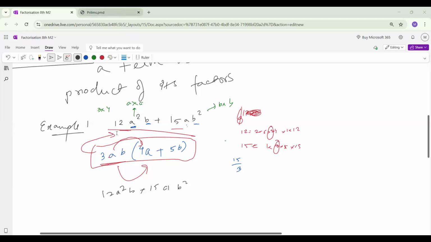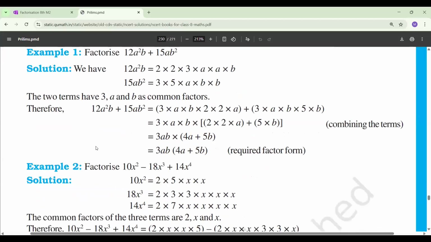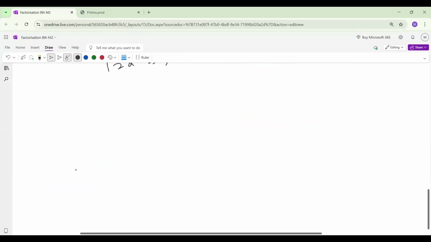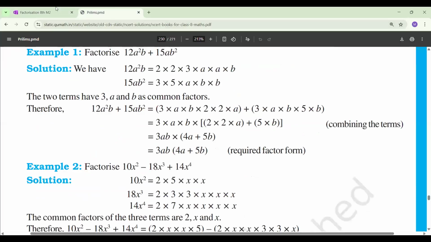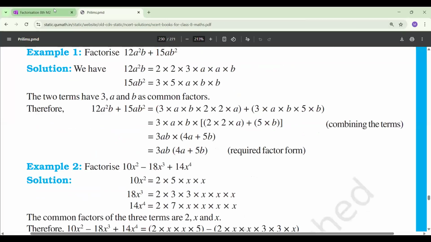Okay. Moving on. Second example, we have: factorize 10x square minus 18x cube plus 14x raised to the power 4.